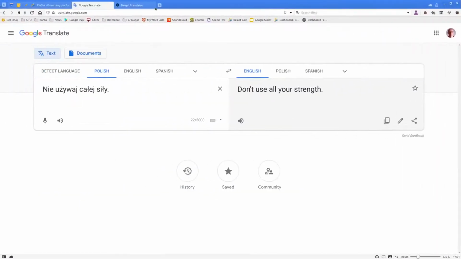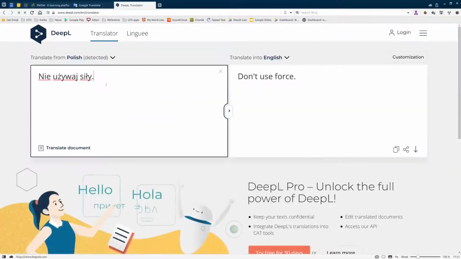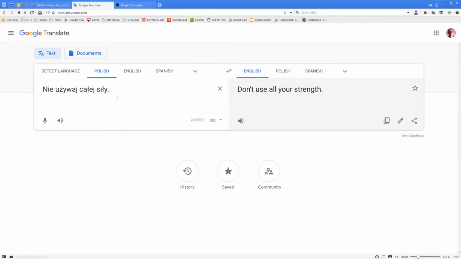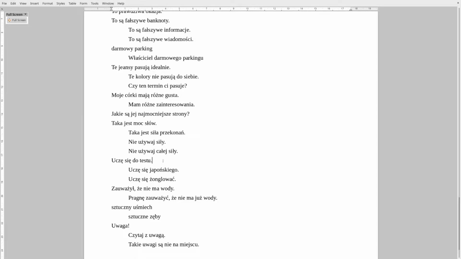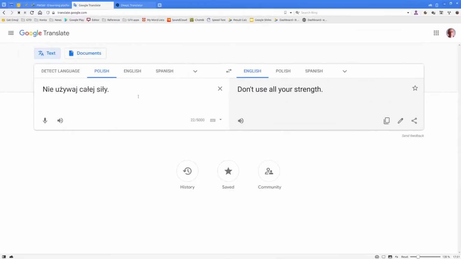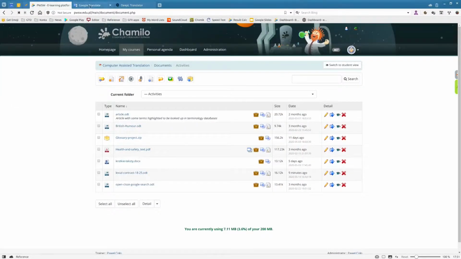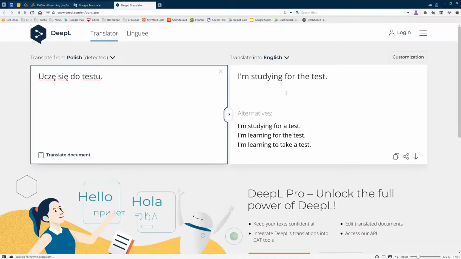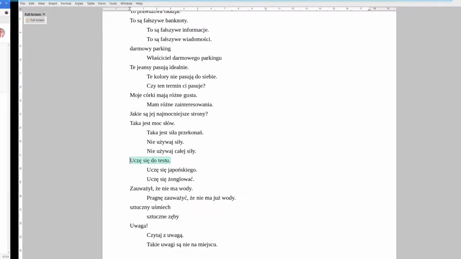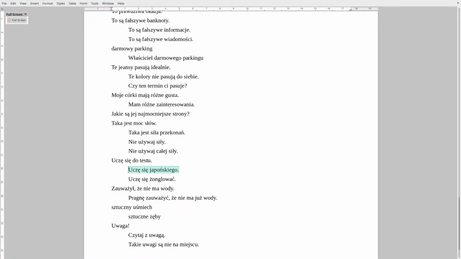Right, so let's try here. Okay, so the same here. Uczę się do testu. I'm studying for the test. Uczę się japońskiego.